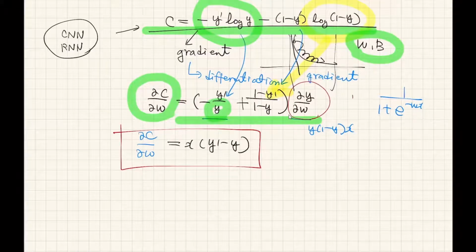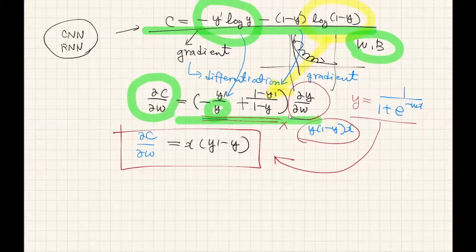Because y is a sigmoid function, we can do the differentiation as we repeatedly did in the previous class, and we will have this form. Finally, we combine this term with that term, because the derivative of y with respect to w is y(1 minus y)x. By using very simple procedures, eventually we obtain this form.